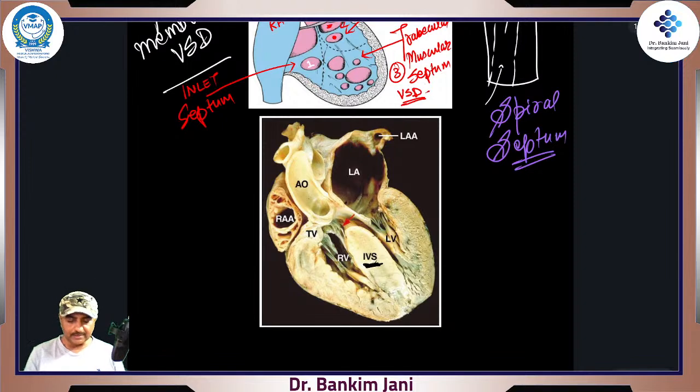So that is a sort of subarterial defect, because the aorta and pulmonary trunk are just underneath that. So this is the subarterial. So this is a real specimen, the dissection from the real specimen.